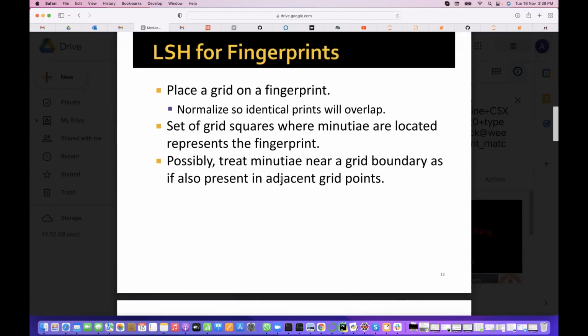So possibly treat minutiae near a grid boundary as if also present in adjacent grid points.